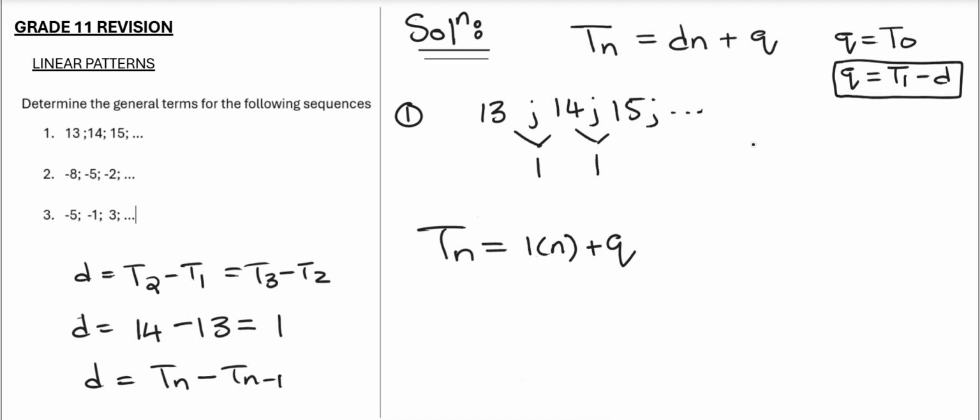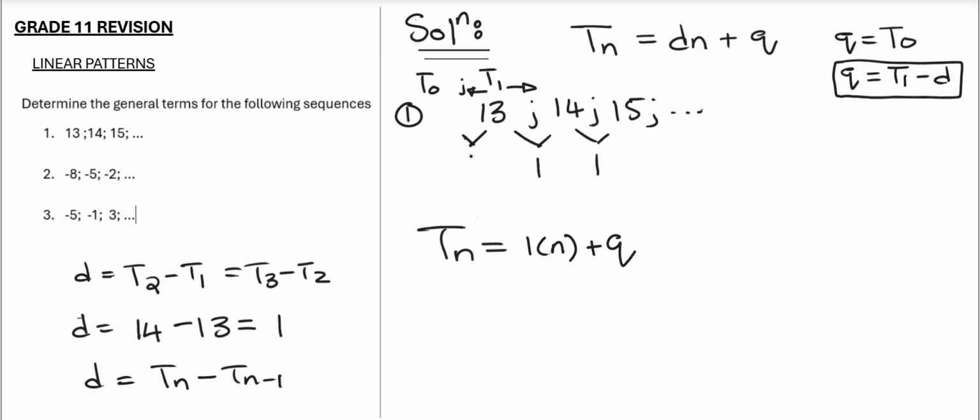Since 13 is T1, the term before T1 is going to be T0, and as we go forward we are adding 1, so if we go back we have to subtract 1. That's why Q is T1 minus D.